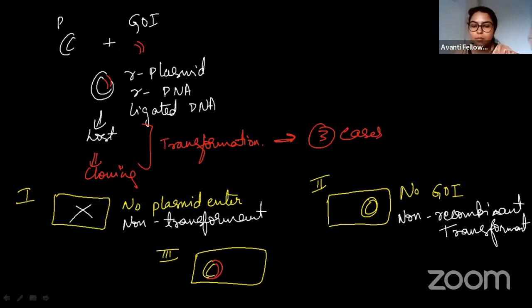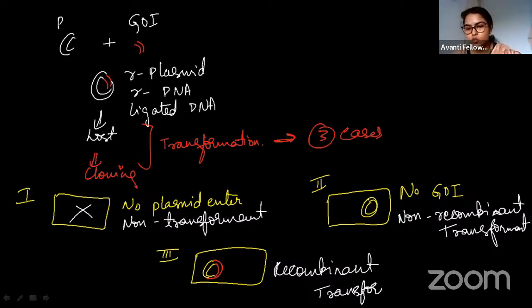The third type is the recombinant transformant. Now what we have to do: we don't want the first type of bacteria and the second type of bacteria.